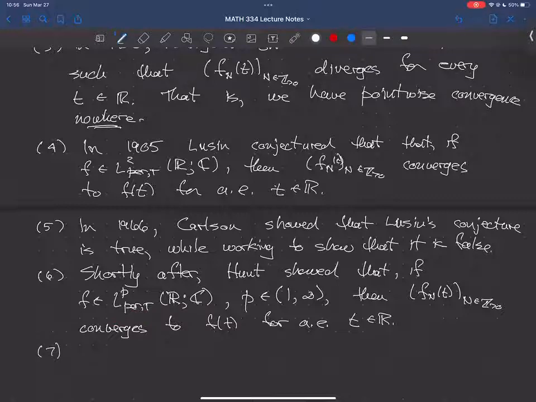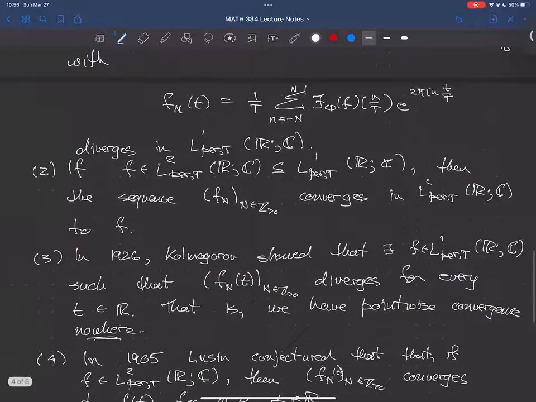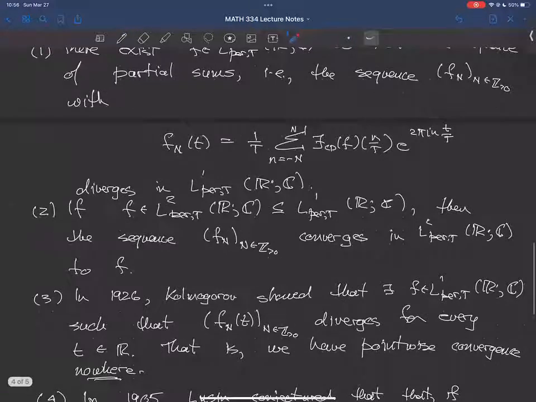Okay, and this was known to be false a long time ago. In other words, it was known that there are continuous f's for which the series diverges at a point.